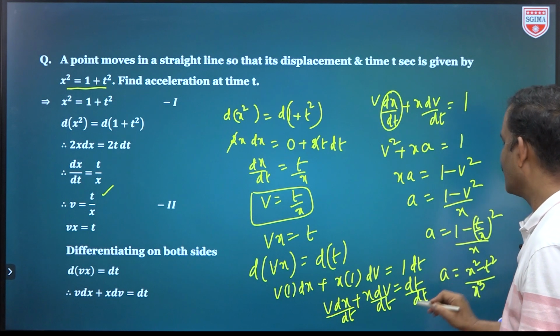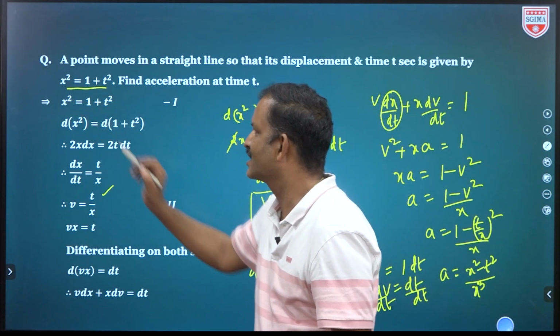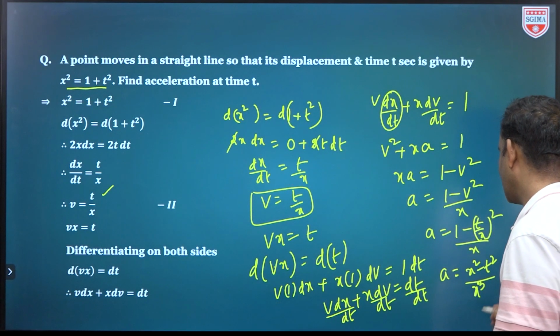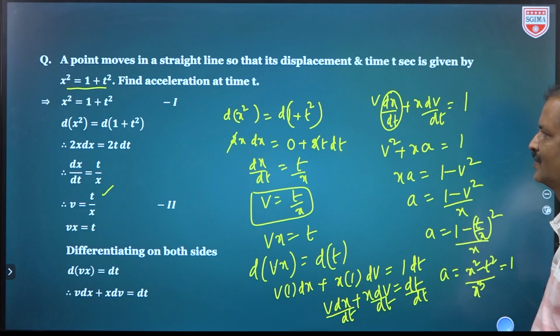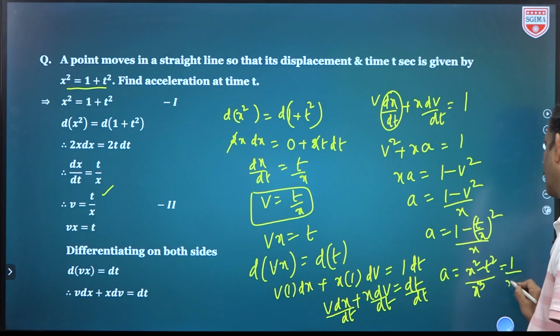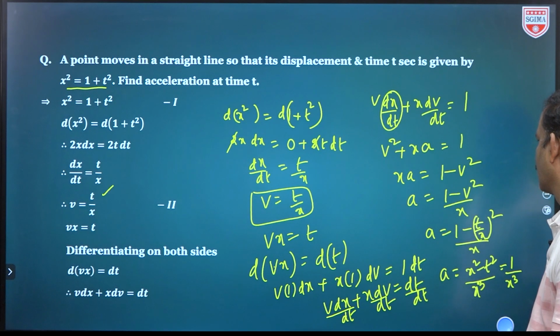But from the first equation, x square minus t square is 1 by x cube. So, you will get that acceleration is equal to 1 by x cube.